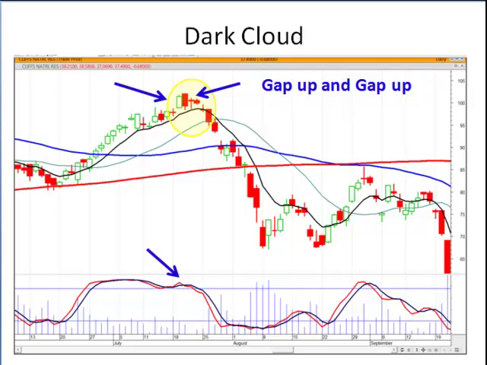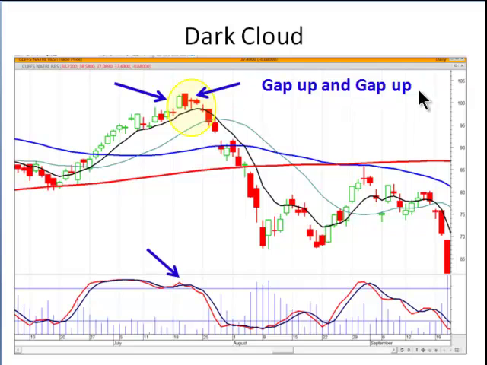The effectiveness of candlestick analysis is adding all the other indicators or implications that tell you that you're getting near the top of a trend. For example, a gap up in an overbought condition usually represents exhaustion at the top.